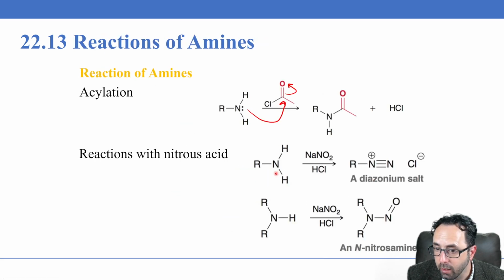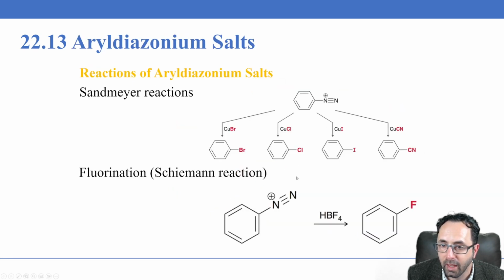Now, again, if we use nitrous acid to produce the diazonium salt from the primary amine, that can undergo a lot of other reactions. If it's an aryl diazonium ion, we can react with copper halides to replace the diazonium ion with a halide here, or we can react with copper cyanide, which will produce for us the cyano-substituted compound, which we can go on to do other reactions with, such as turning it to a carboxylic acid.